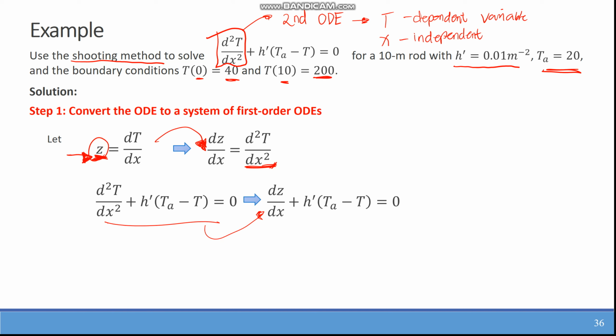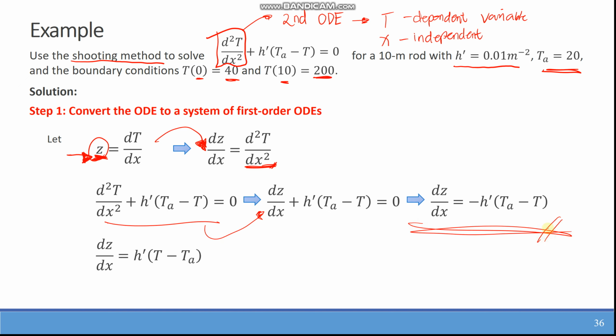We use z to represent the first derivative of this second order ODE. Then we just rewrite it into this form, dz over dx is equal to this one, and distribute the negative sign so it is easier to see.